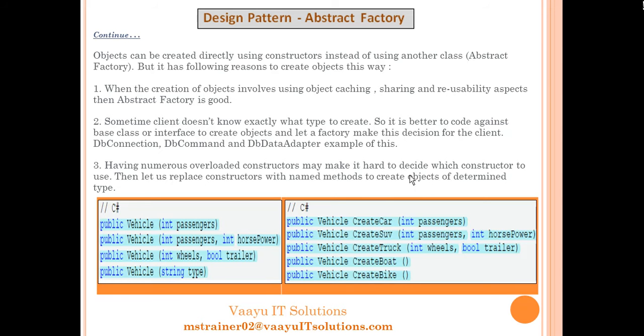Suppose the user wants to create a car object, so he will use create car and pass the number of passengers. Similarly, create SUV, create truck, create boat, create bike, etc. If you have many constructors, it may be hard to remember which constructor to use for which purpose, so it is better to use named methods.